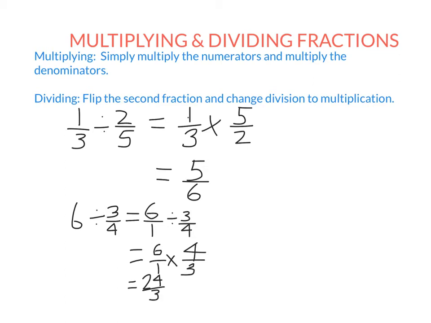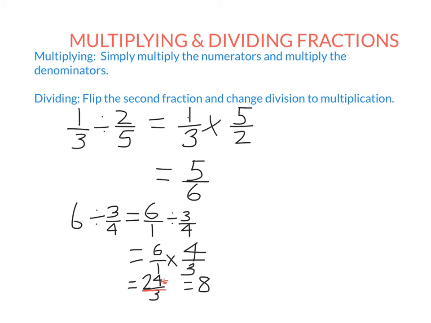Now this fraction can be simplified because there's a number that goes into 24 that also goes into 3. That number is 3. So to simplify, we're going to divide. Remember this line here means divide. 24 divided by 3 just gives you 8. So 6 divided by 3/4 equals 8.